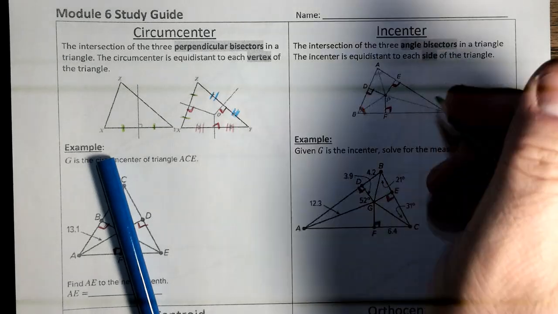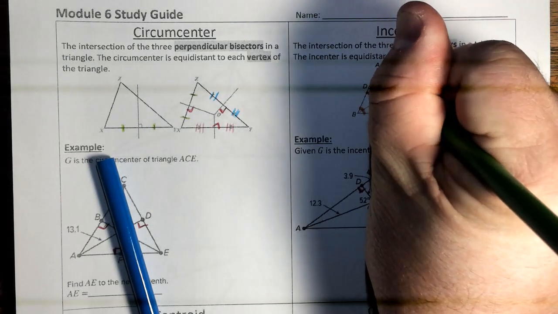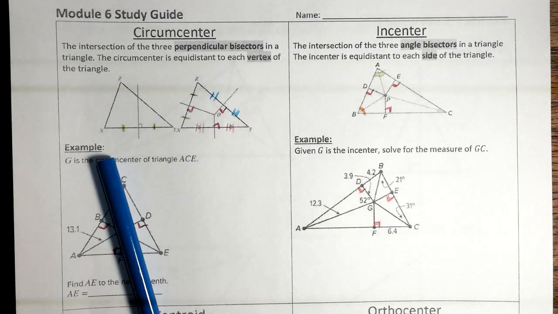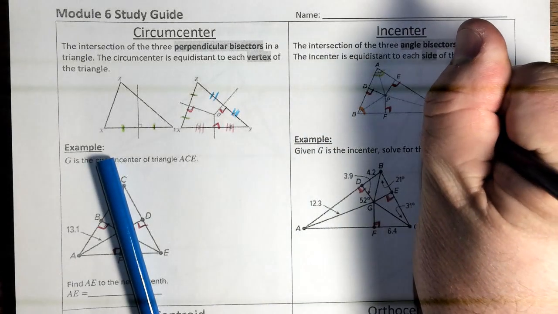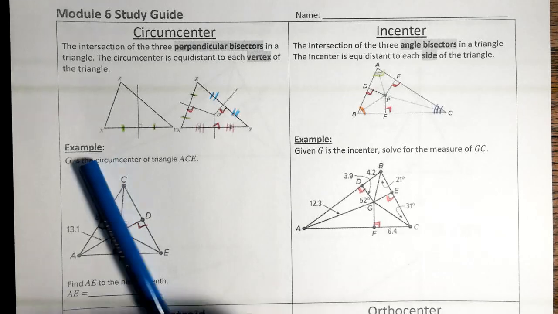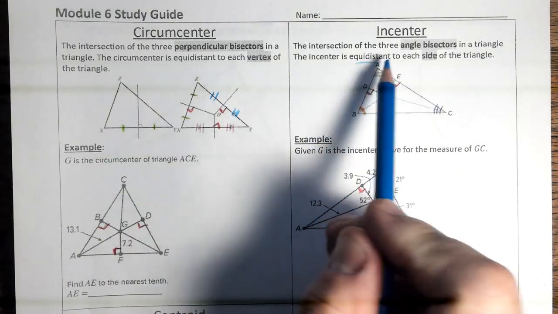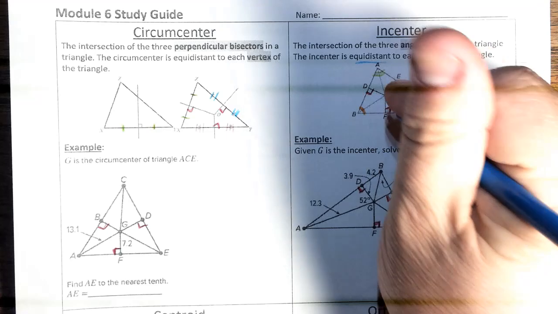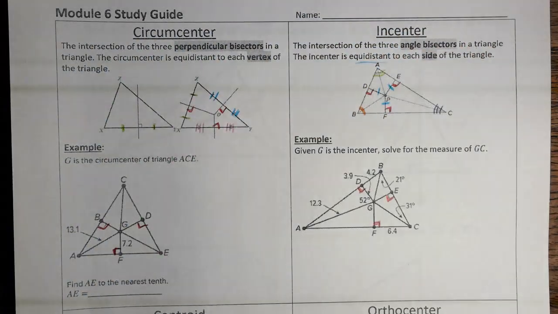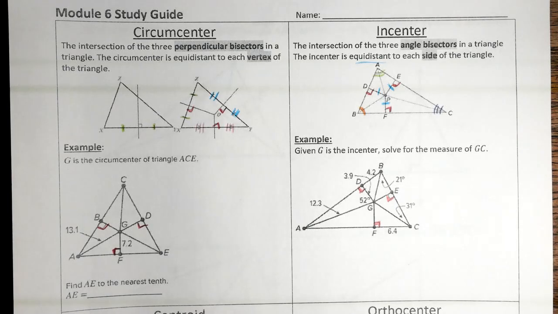It does the same here. That's the whole angle bisector. Remember, bisect: cut into two equal pieces. So it's saying that the incenter is equidistant to each side. So that means this piece, this piece, and this piece are all congruent.